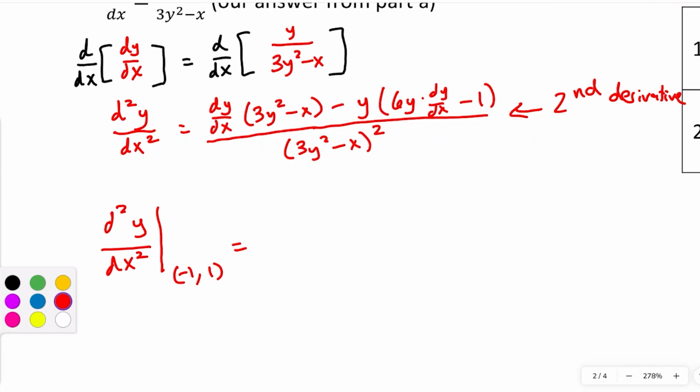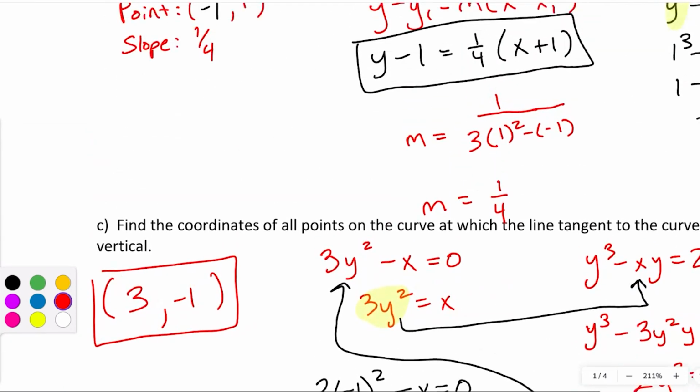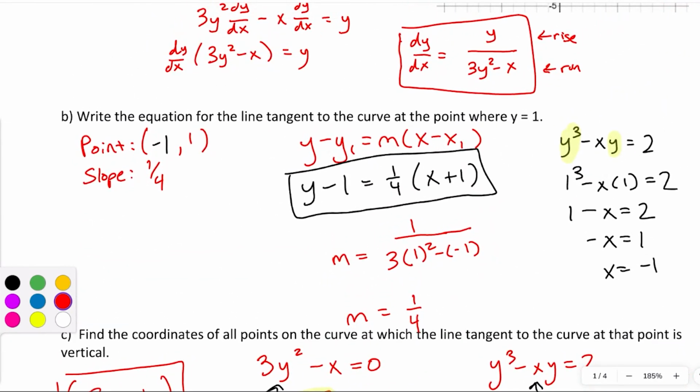Now, how are we going to evaluate dy dx? Actually, we already did that at this specific point. If you go back up here, we found the slope, or we found dy dx at negative 1, 1 already.